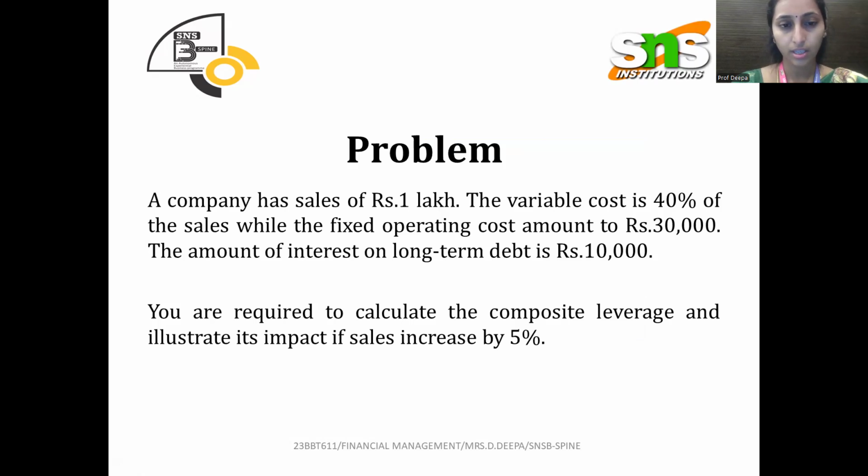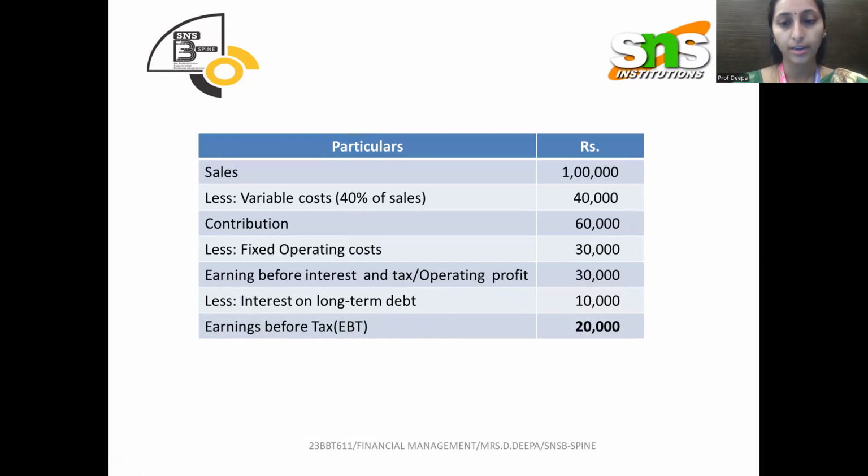The amount of interest on long-term debt is 10,000, so we directly write that 10,000 as interest. Reducing it from EBIT, we get EBT, earnings before tax, as 20,000.